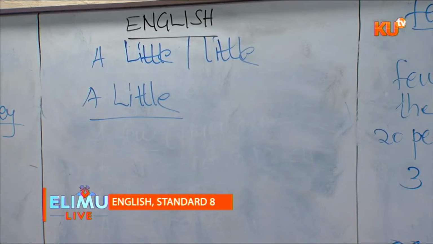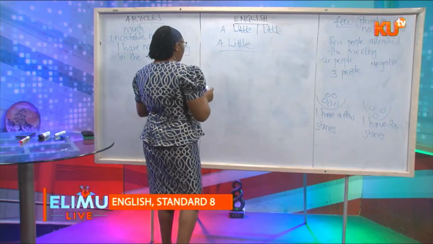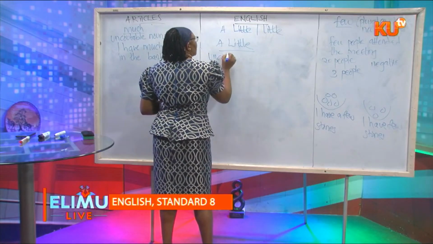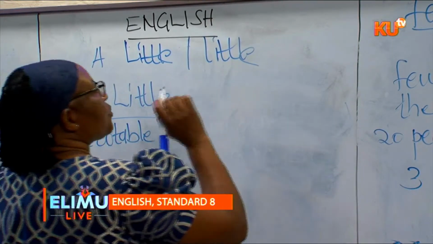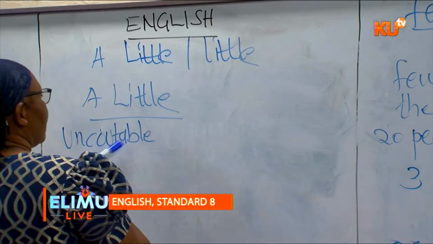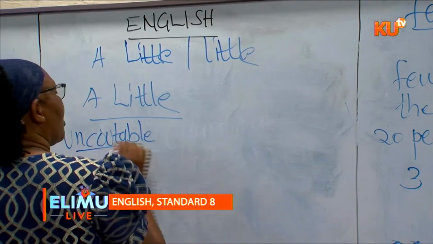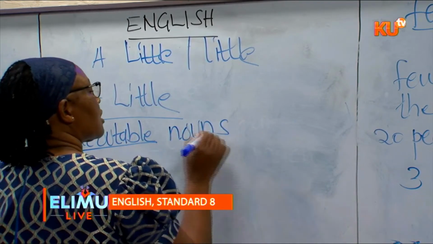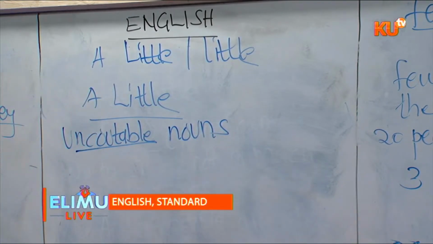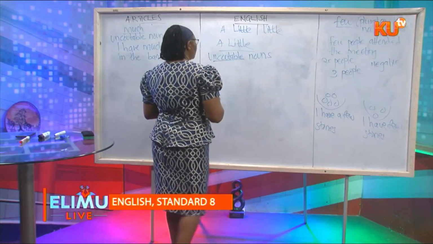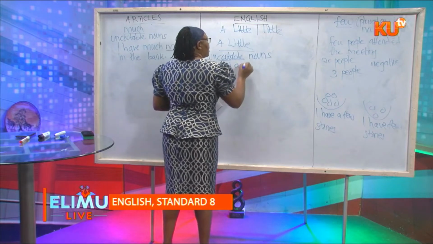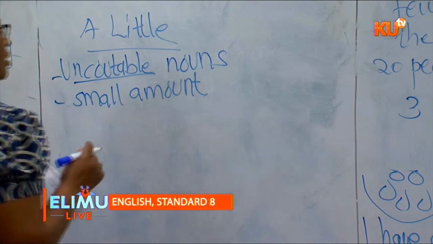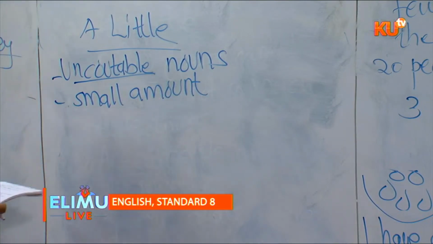This determiner, just like the word a few, is used with uncountable nouns. Now, a few is used with countable nouns. The difference is that the word a little is used with uncountable nouns, still to mean a small amount of something.